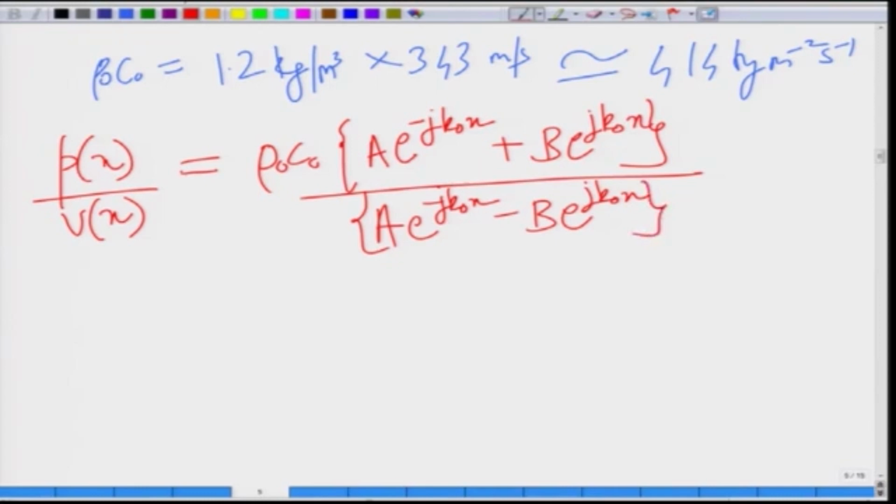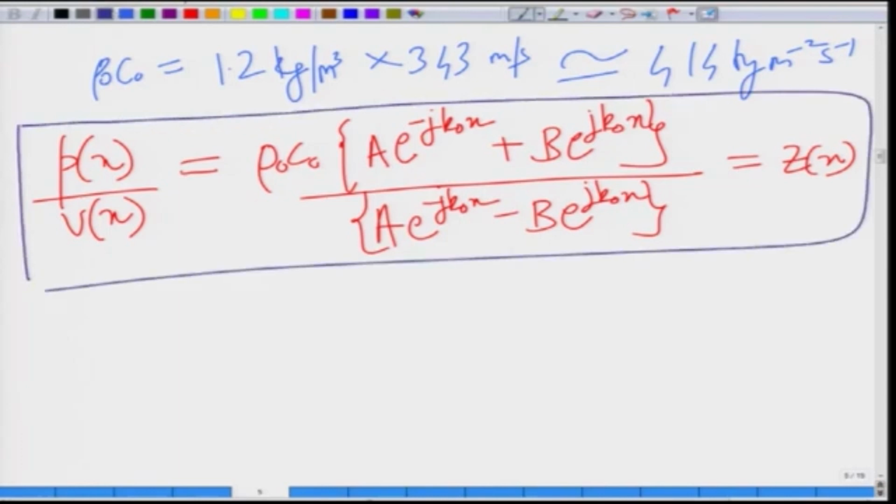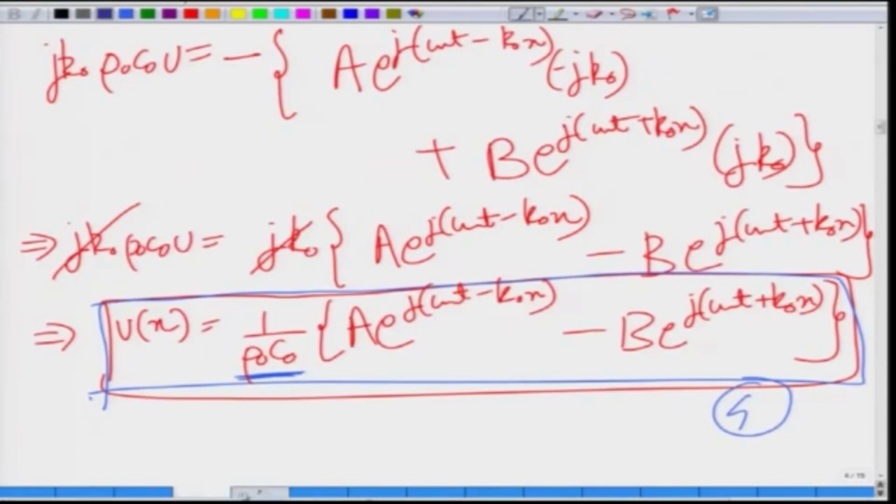Now, suppose this is a generalized expression for impedance. For the lack of space, I am putting this here. Let us call this equation number 5.